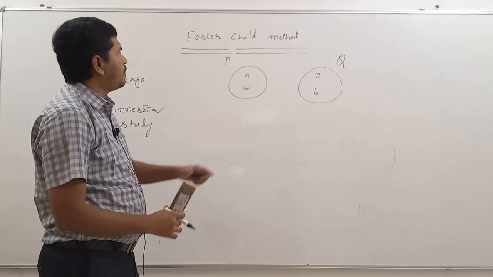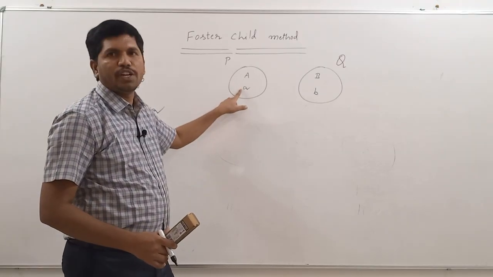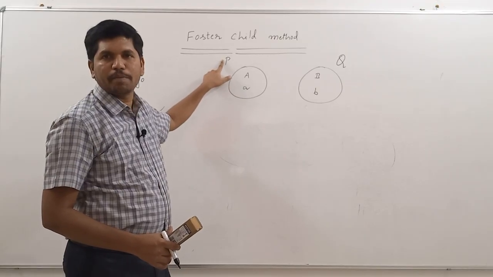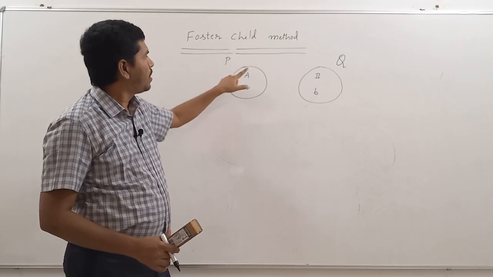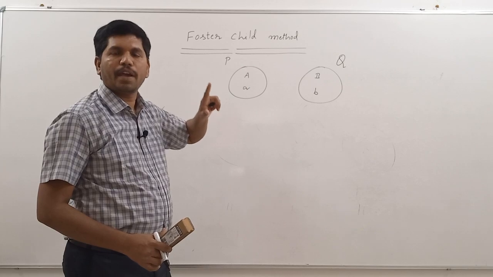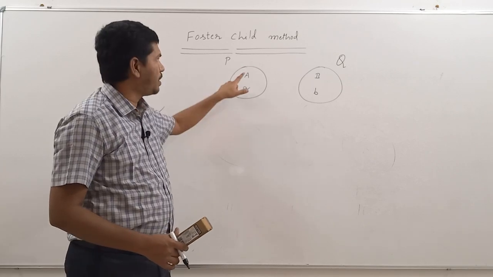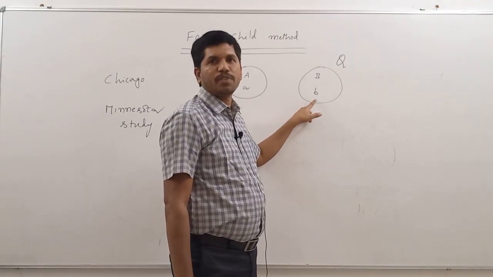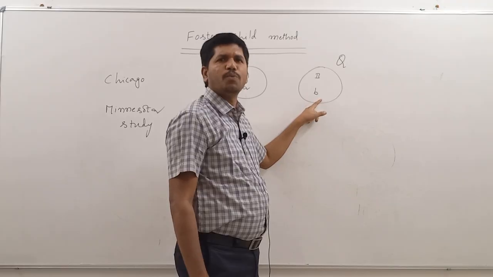With respect to these two children, they have the same genetic makeup because of common parentage, and because of the same environment, the IQ levels will be more or less the same in these two children. In these two children also, there will be the same IQ levels more or less.